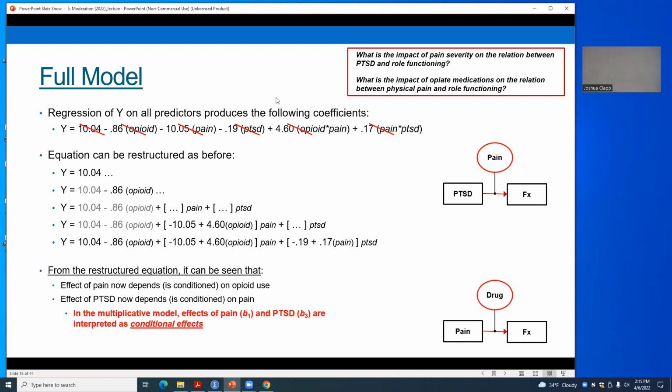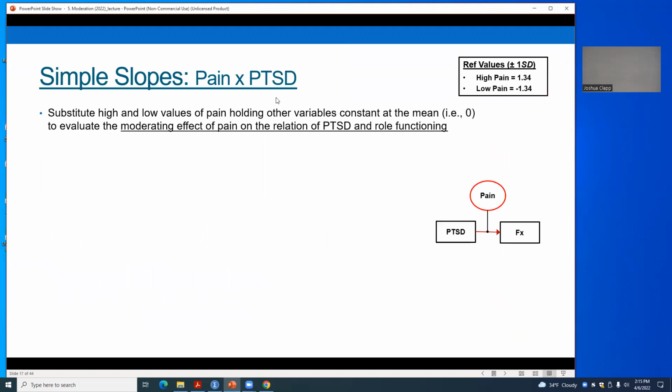the impact of pain on role functioning is going to be dependent on opiate use. Depending on what value we plug into opiate use, it's going to change the strength of that association, right?